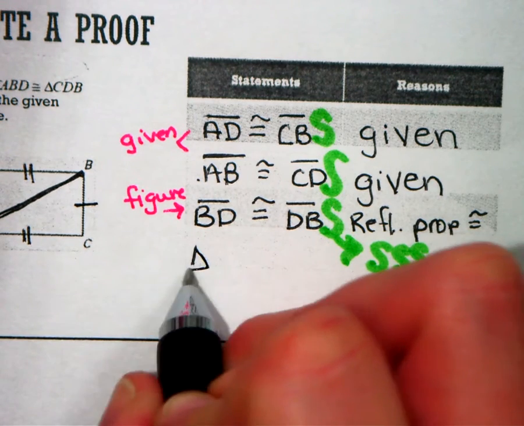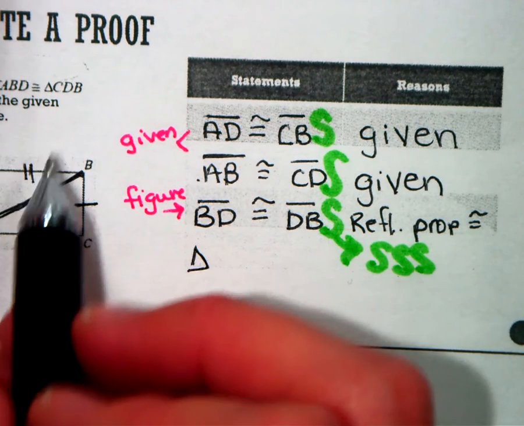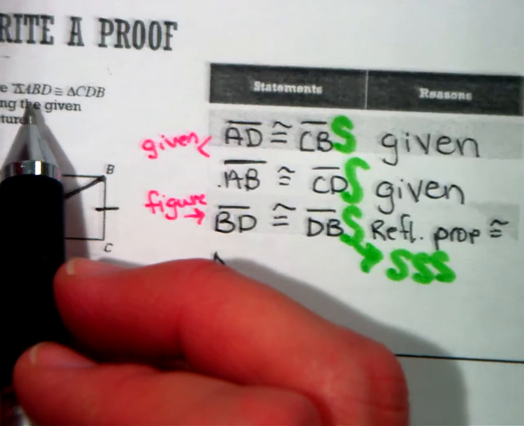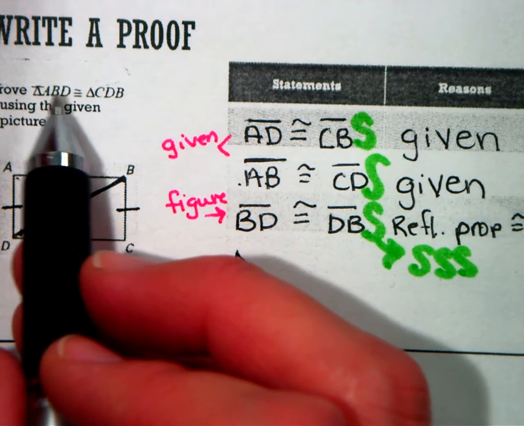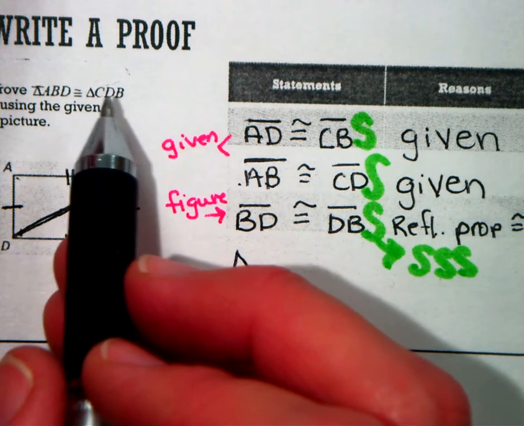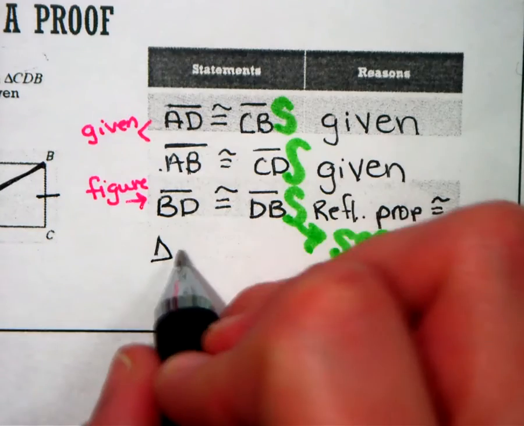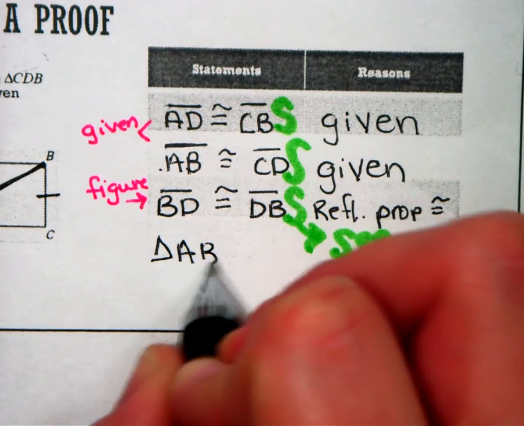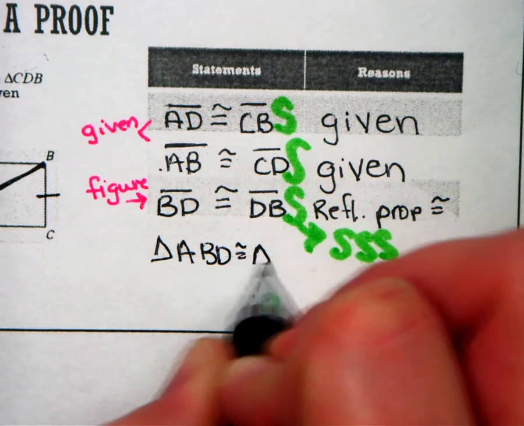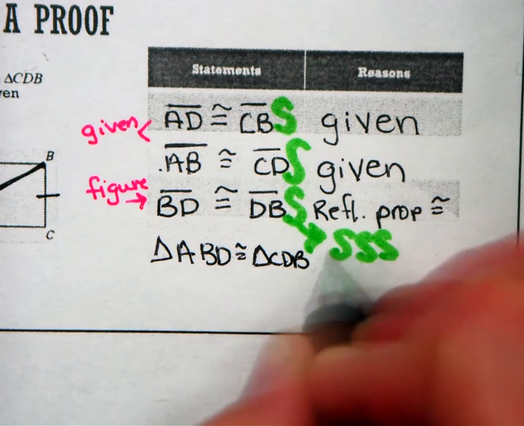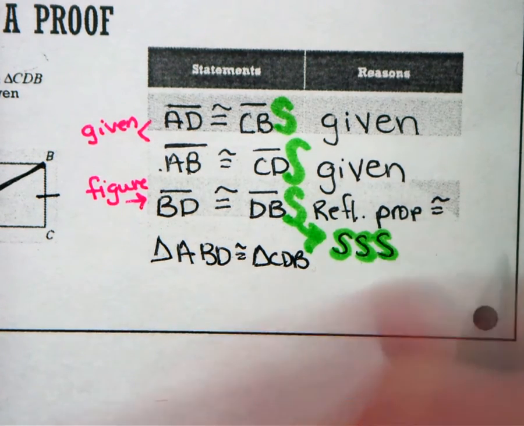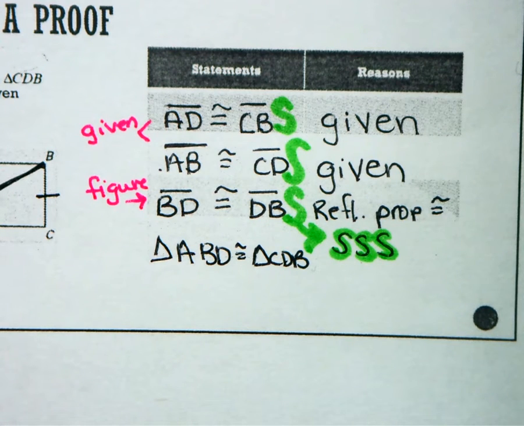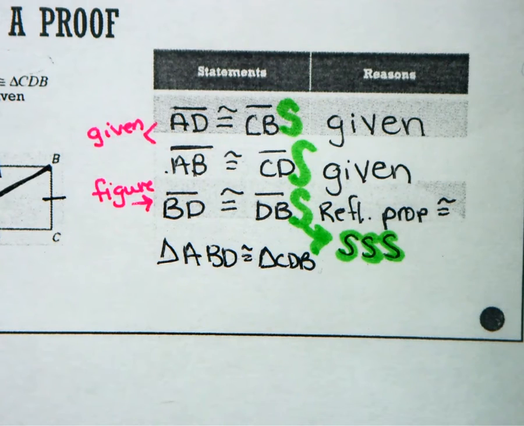So triangle, and I'm going to take this right from the prove statement that's over here on the left. Triangle ABD is congruent to triangle CDB by side, side, side. Okay. That's a pretty boring proof, pretty straightforward. There's not a whole lot there.